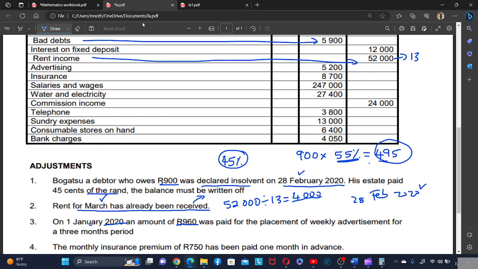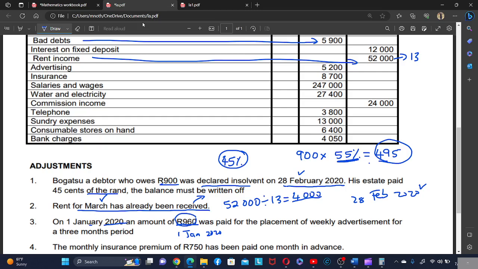So we are told that this was paid on the 1st of January 2020 for the placement of weekly advertisements for a 3 month period. So this 960 is for 3 months.